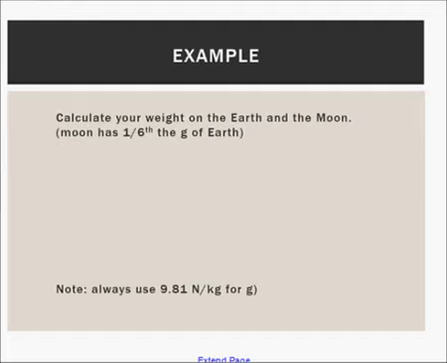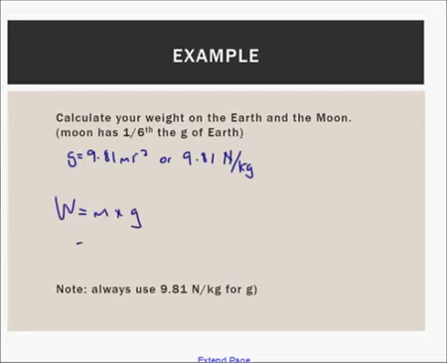For example, calculate your weight on the Earth and the Moon. Gravity on Earth is equal to 9.81 m s to the negative 2, or you could say 9.81 newtons for every kg. So weight equals mass times gravity. So let's say I'm an 80 kg person, you multiply that by 9.81. On the Moon, we're saying that g is 1/6 that of Earth.